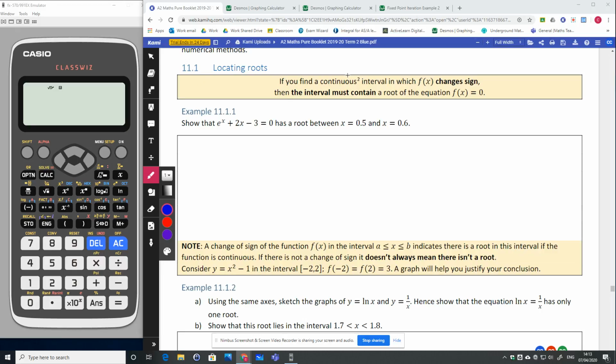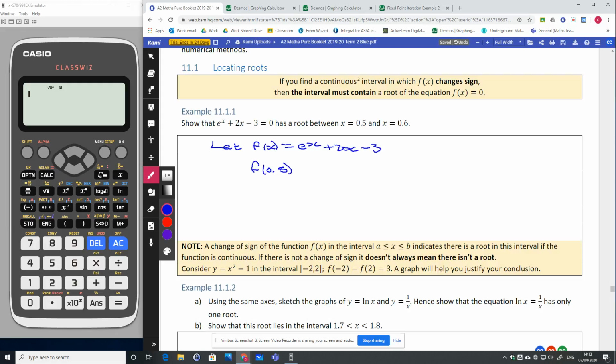First off, show that e^x + 2x - 3 = 0 has a root in the interval 0.5 to 0.6. All we are going to do, first of all, is let f(x) equal the function that we're working with, and I'm going to substitute 0.5 and 0.6 in separately.